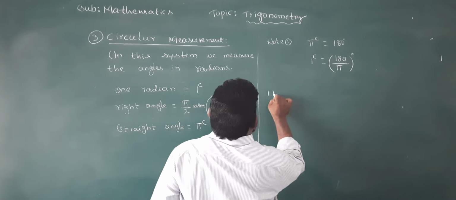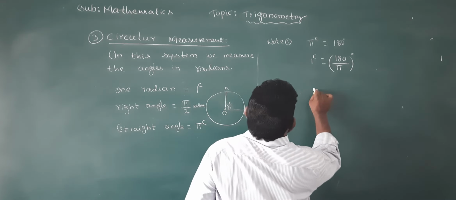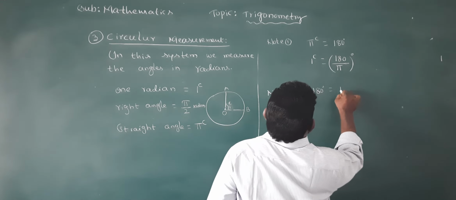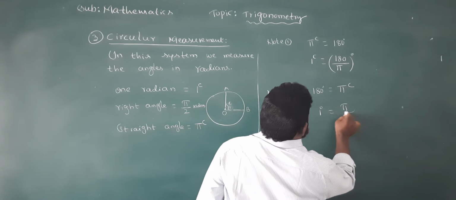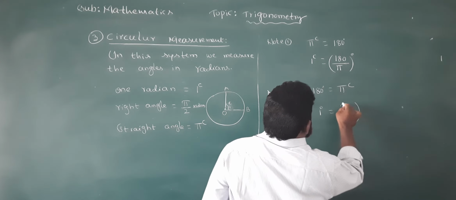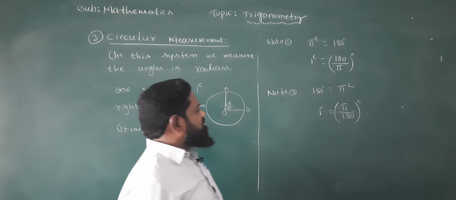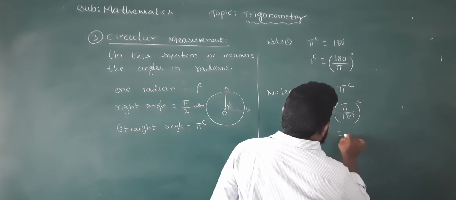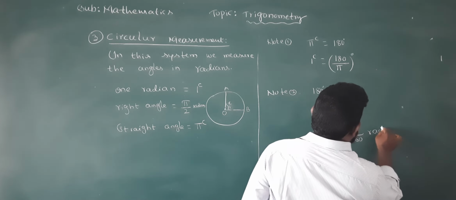Note number 2: 180 degrees equal pi radians. 1 degree equals pi by 180 radians.